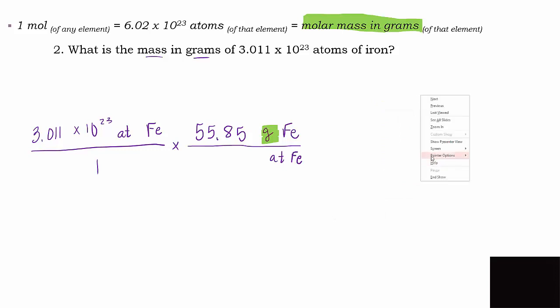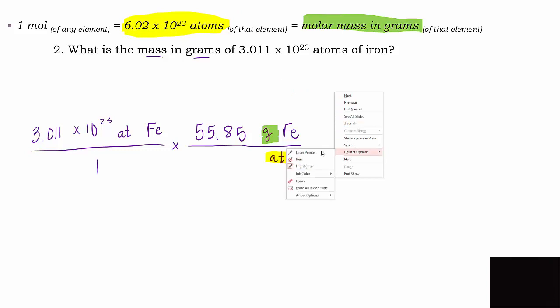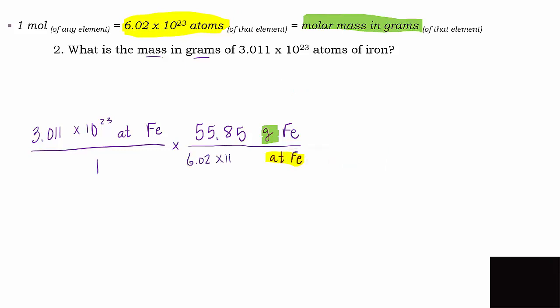Next up on the bottom, we have atoms. And so what number do we put in front of atoms? Well, looking at our conversion factor, the number that we put in front of atoms is 6.02 times 10 to the 23rd, called Avogadro's number. So we're going to plug that in down here, 6.02 times 10 to the 23rd.